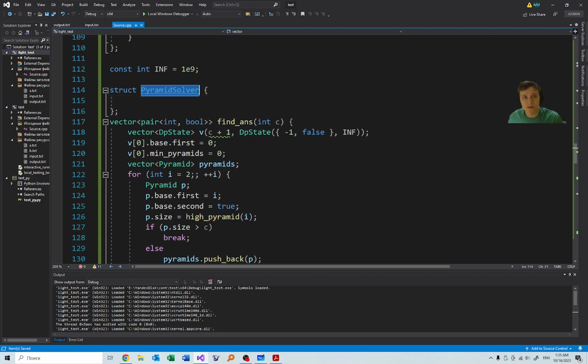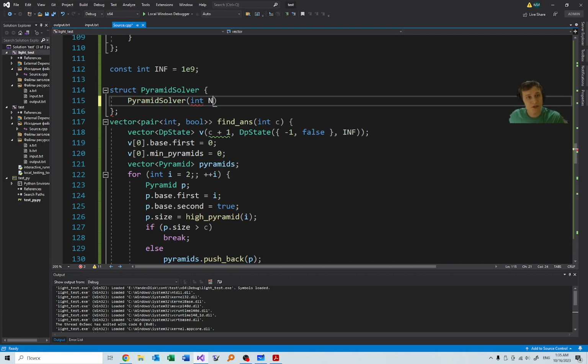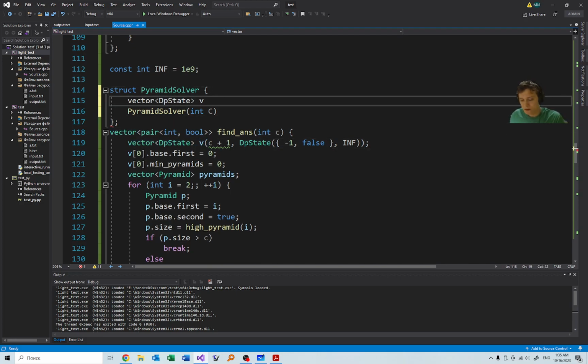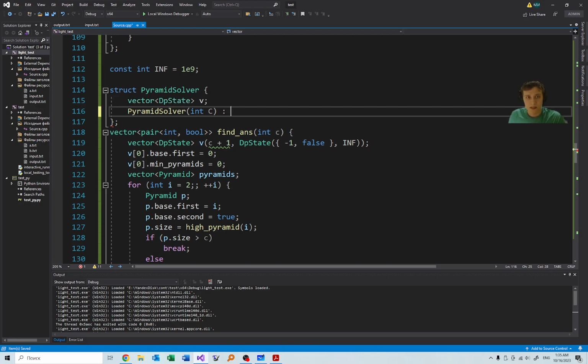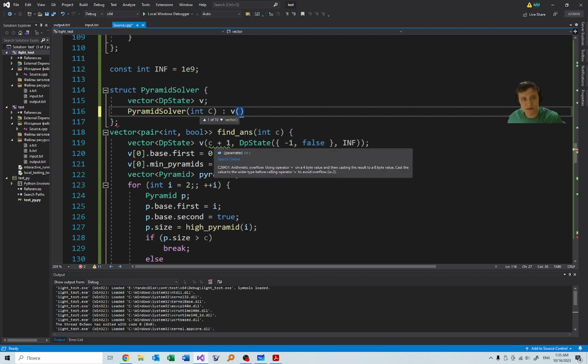So pyramid solver gets number n, which is the maximum number, actually c. Let's take c. And we will have vector db state here, and it puts v into v c+1.